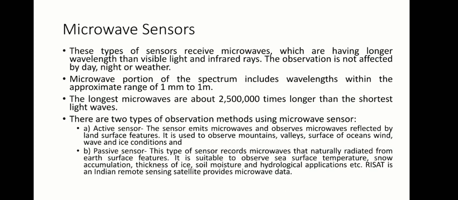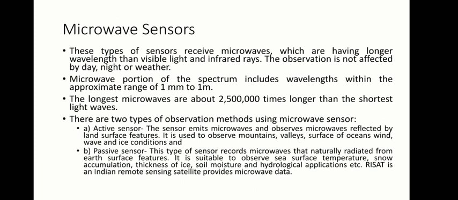The microwave portion of the spectrum includes wavelengths in the approximate range of 1 millimeter to 1 meter. The long wavelength microwaves are about 25 lakh times longer than the shortest light wave.